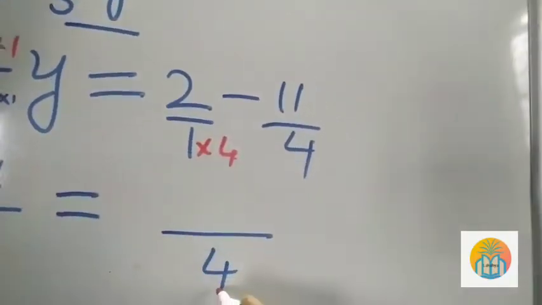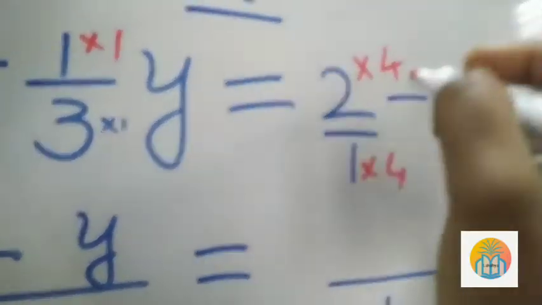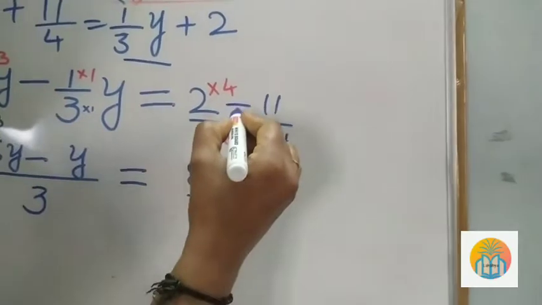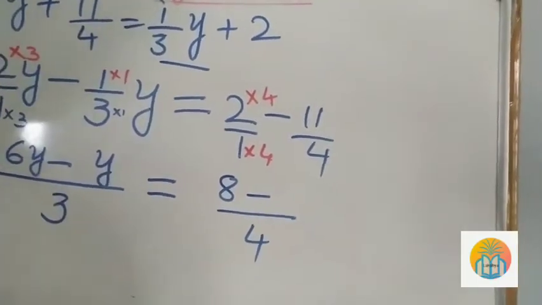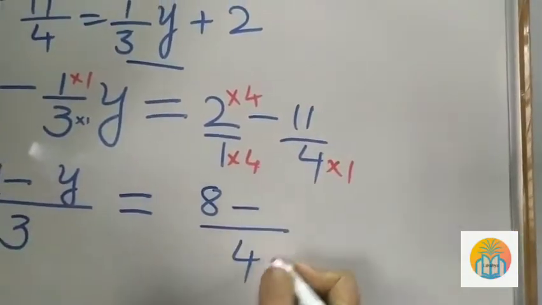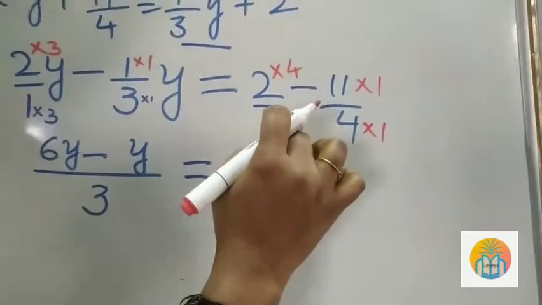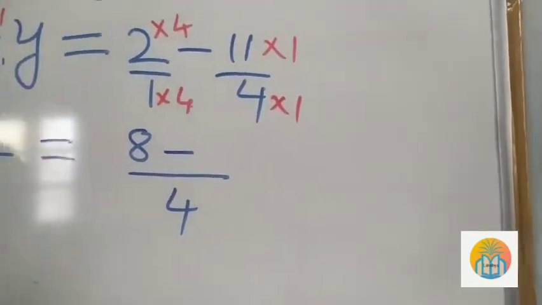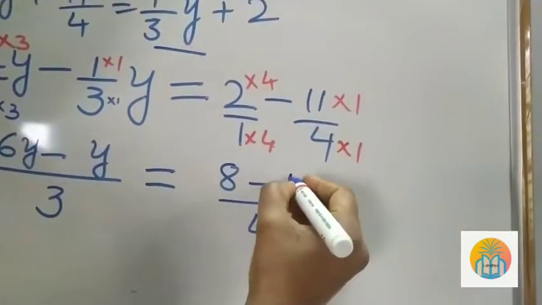So 1 4s are 4. Similarly, you have to multiply the numerator: 2 4s are 8. Now write minus: 4 1s are 4, and it is 11 1s are 11. Whatever number we multiply to the denominator, the same number we have to multiply to the numerator also, so that the fractions become equivalent.